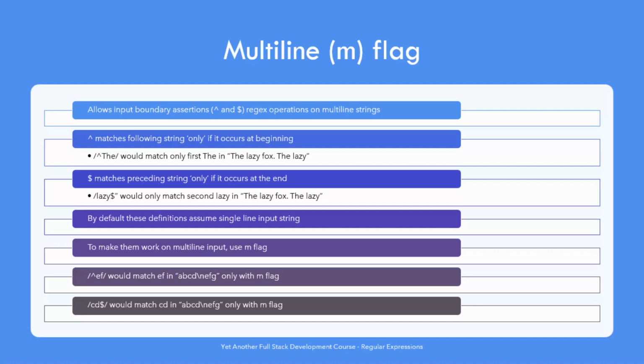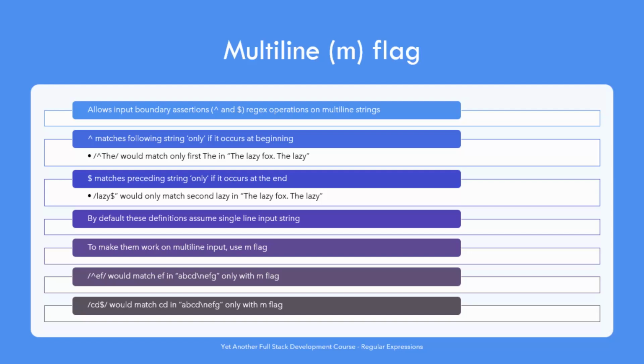Next up, we have the M or multi-line flag. Multi-line flag allows caret and dollar regex operations on strings that contain multi-line or \n characters that would otherwise fail. As an example, we can consider the caret character in regex, which has a special meaning like the star and dot. And this meaning is it matches following characters only if they are at the start of the test string.